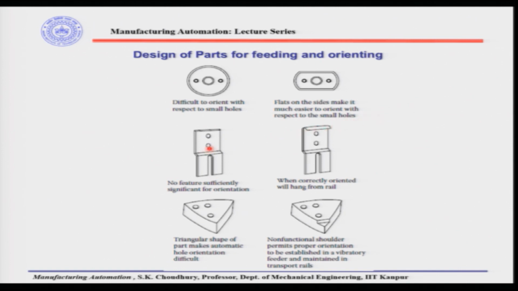If this is the case, there is no way for the part to be fed in an orientation like this. Otherwise, suppose we do not introduce this, then this part can come in any orientation, but we have to use a reorienting device, for example, to give this kind of an orientation to the assembly machine.